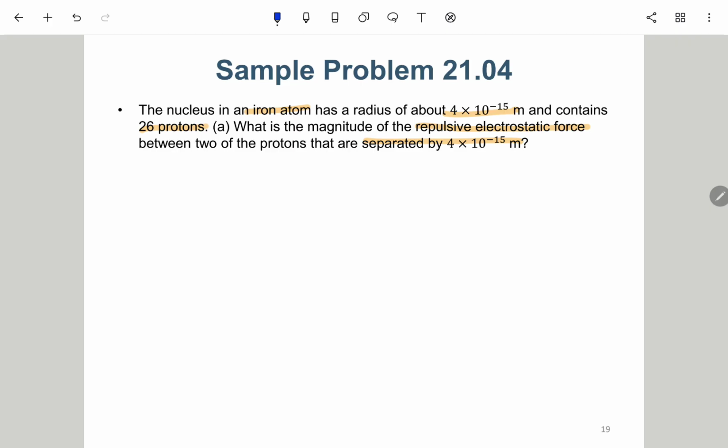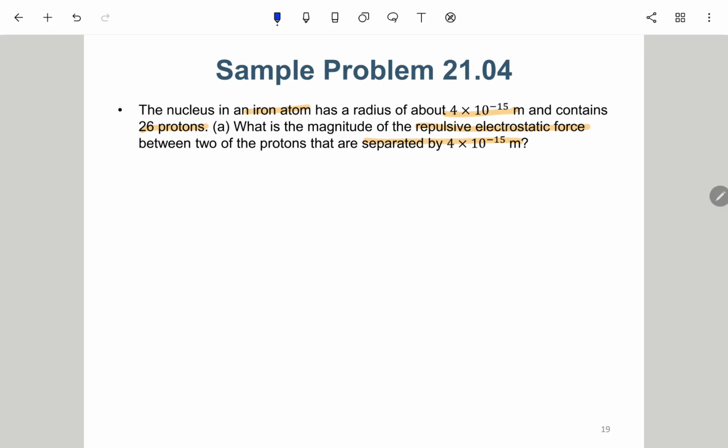So far, what we should have learned is that the force between two objects can be gravitational force, which is attractive, and for the electrostatic force, it can be either attractive or repulsive, depending on the polarity of the charge.